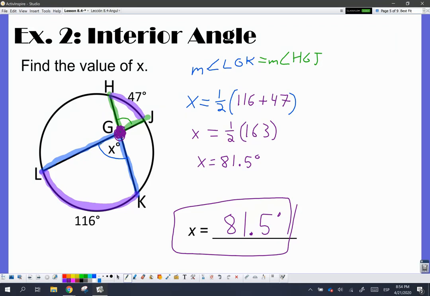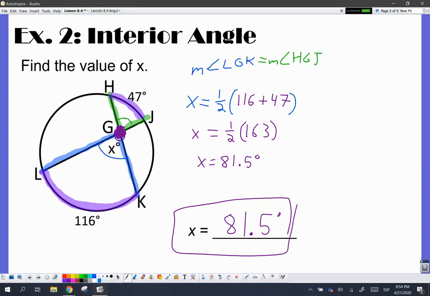So I know I'm going to be using the arc that intercepts the angle that I want to find, but I'm also going to be using the arc for the angle across from it. Keep that in mind, because that's where people get confused on this one. And if you have questions, remember, reach out to us and we'll help you out.